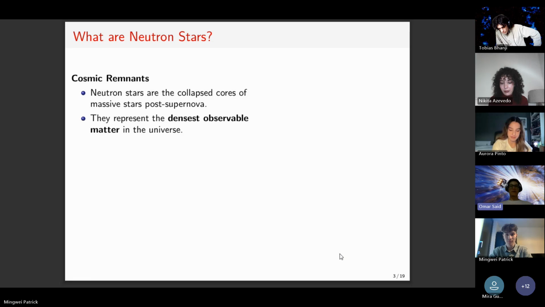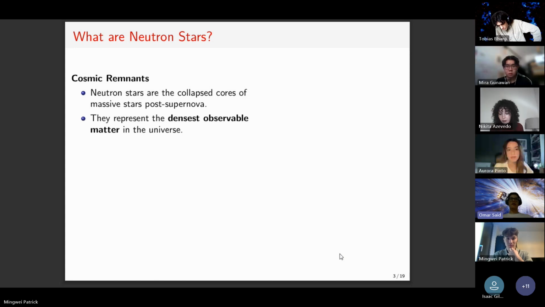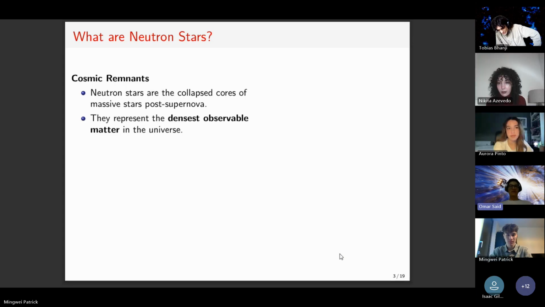For the fundamental stuff, we first want to know what neutron stars are. Neutron stars are just collapsed cores of massive stars after a supernova, specifically after type 2, because types 1a, b, and c do not produce a neutron star. And they are the densest observable matter in the universe.